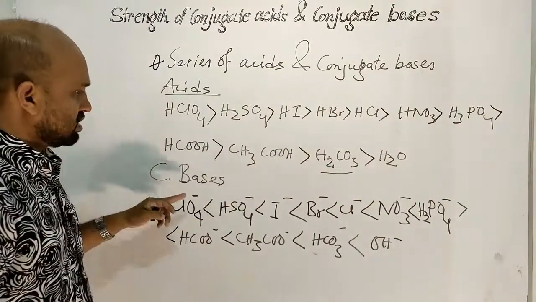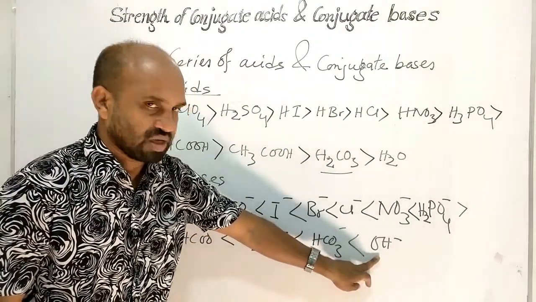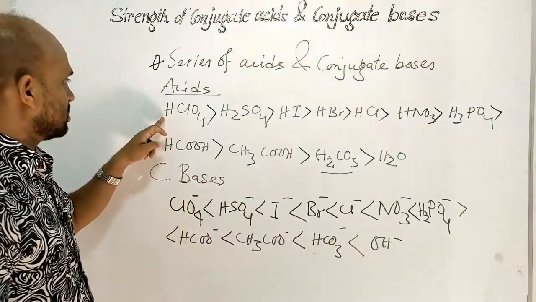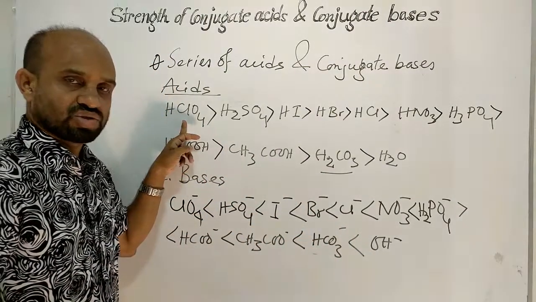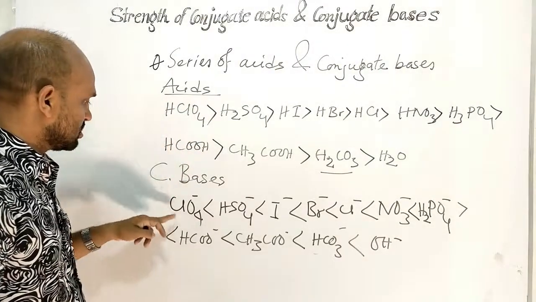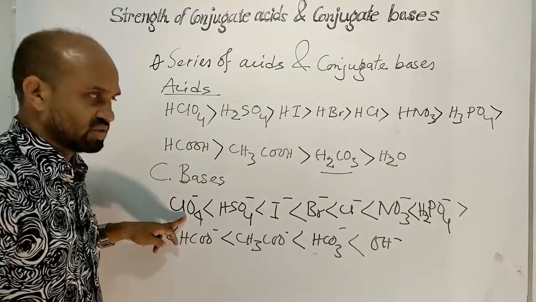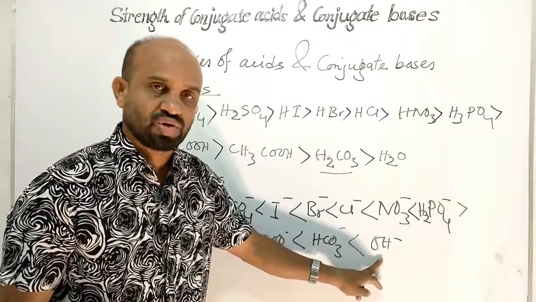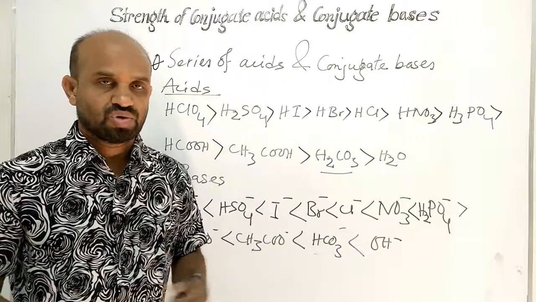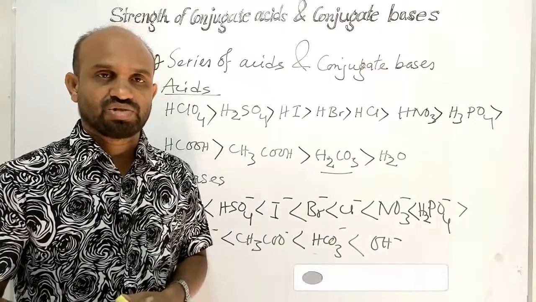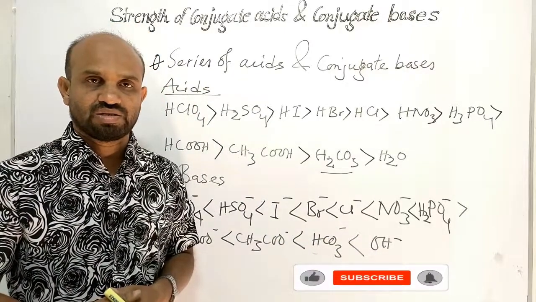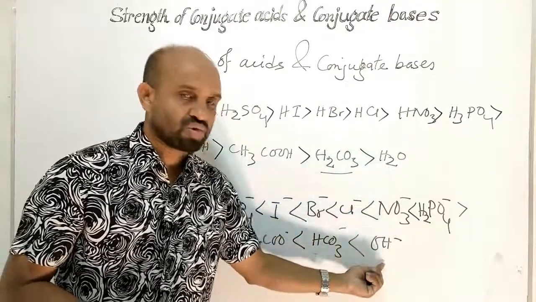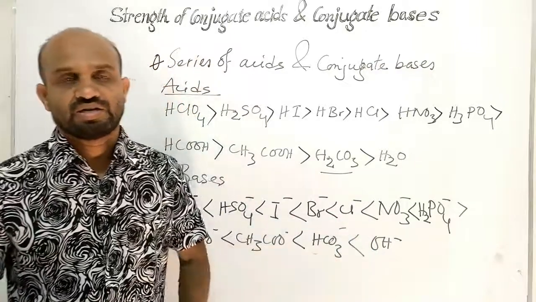That means hydroxide ion as conjugate base is strongest, and perchloric acid is the strongest acid that produces the weakest conjugate base, and the weakest acid produces the strongest conjugate base. So strongest acid produces weakest conjugate base, and weakest acid produces strongest conjugate base, and vice versa.